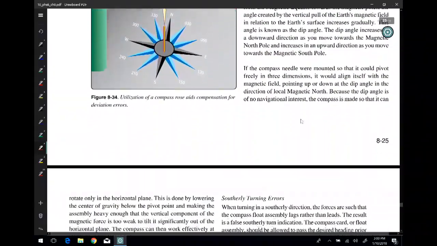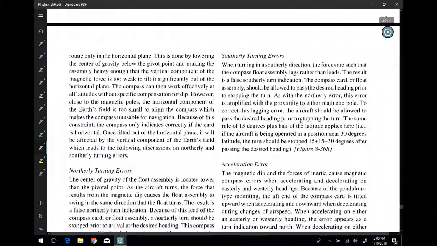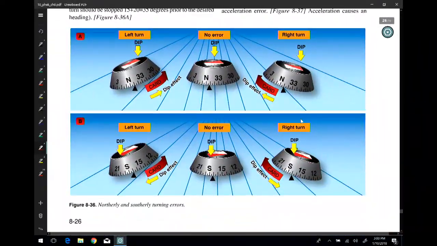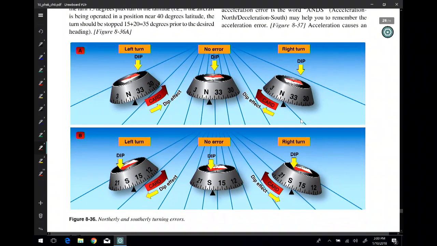So again, remember, true north and magnetic north are not co-located. You also have something else going on here. You have northerly and southerly turning errors. You also have magnetic dip that affects your aircraft. I am not going to hold you to what happens here on this stuff with regard to the magnetic compass, but I will tell you this.